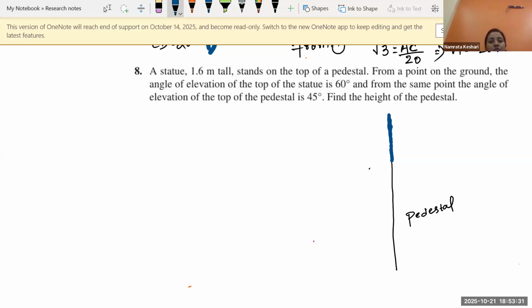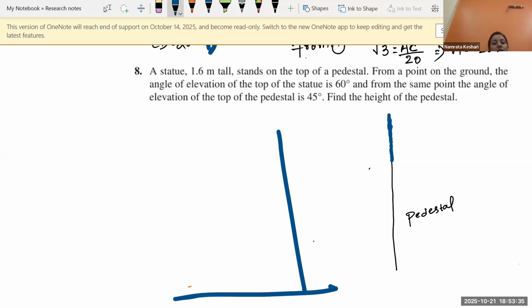They quickly see the word statue written and mark the statue like this on the ground. Then you will say that I'm not getting why it says from a point this and that, how the angle of elevation is getting created. My figure is not correct. It's not correct because when we do not read the question carefully, we quickly draw and we will not be able to understand.